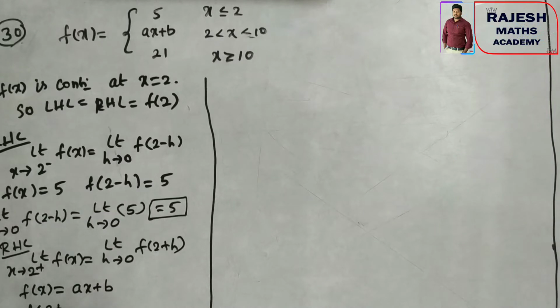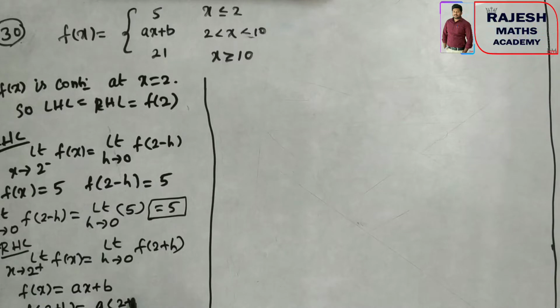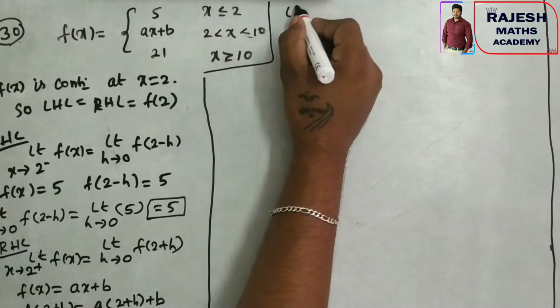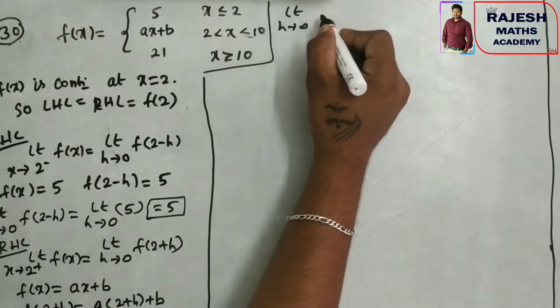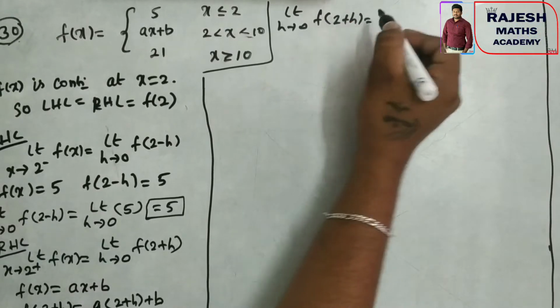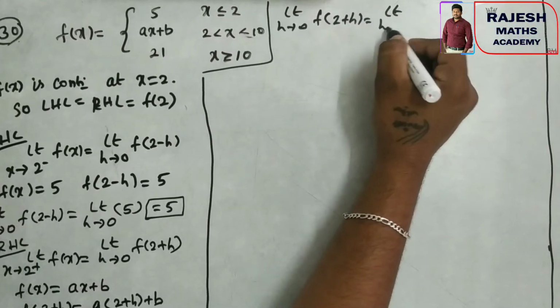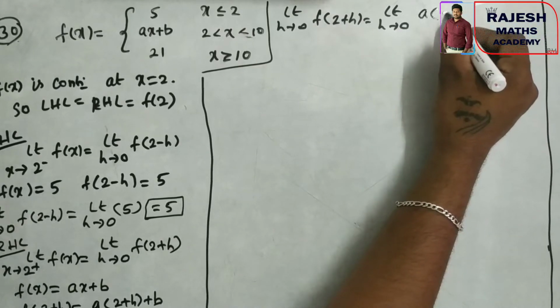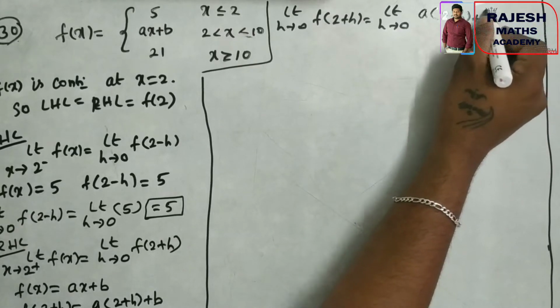So f of 2 plus h will be a of 2 plus h plus b. Now apply the limit: limit h tends to 0 of a into 2 plus h plus b.